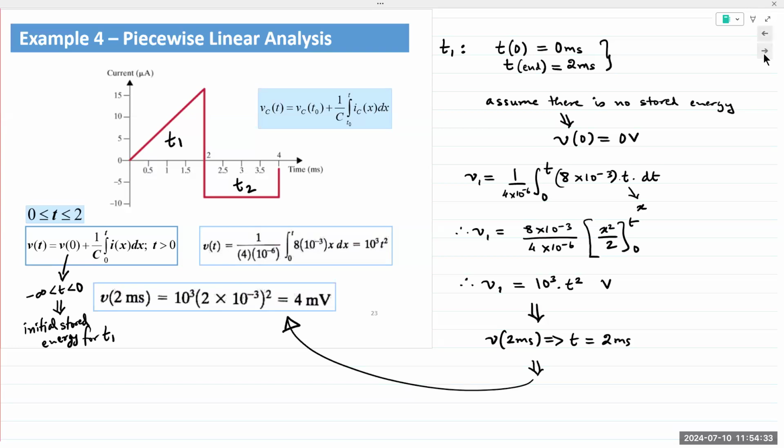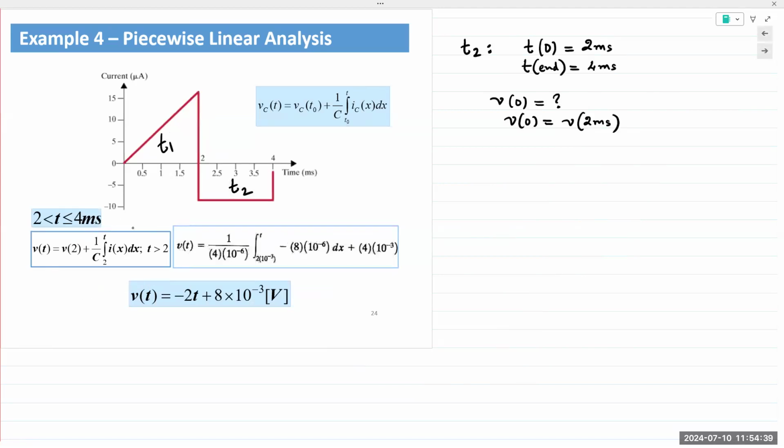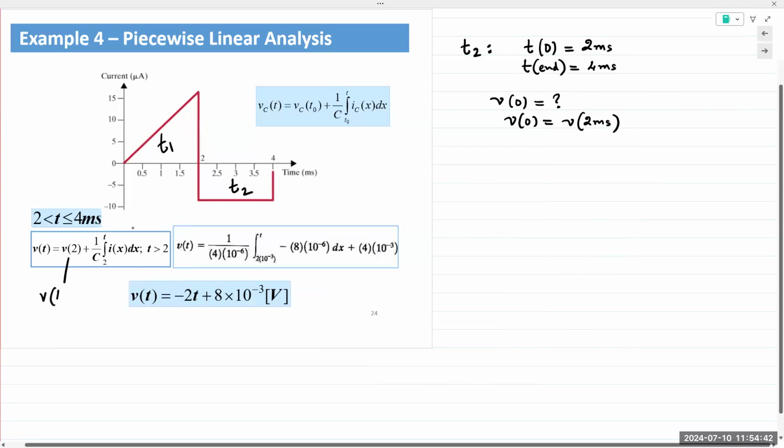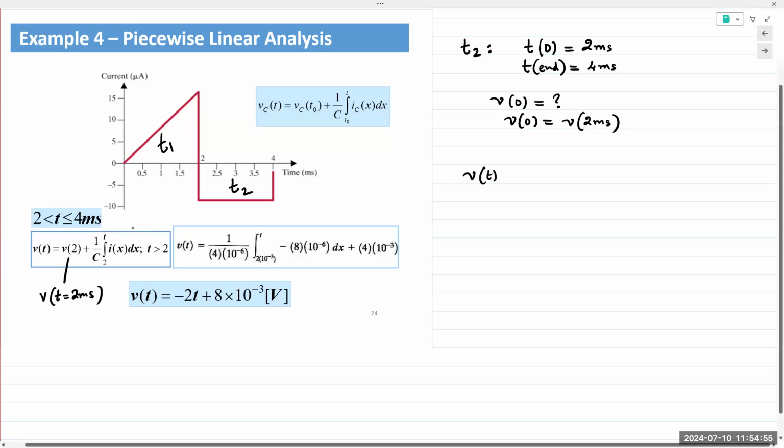Okay. So we add that into our expression here, and this is V at time t equals 2 milliseconds. This becomes a little straightforward because we have a constant. So V of t is again 1 over C, the integral starting at 2 milliseconds and ending at t.